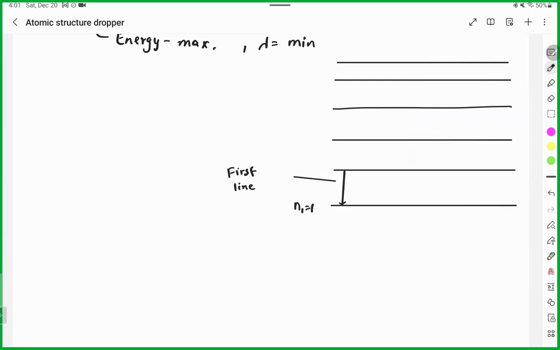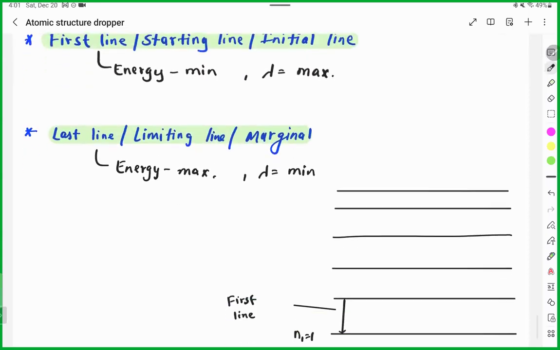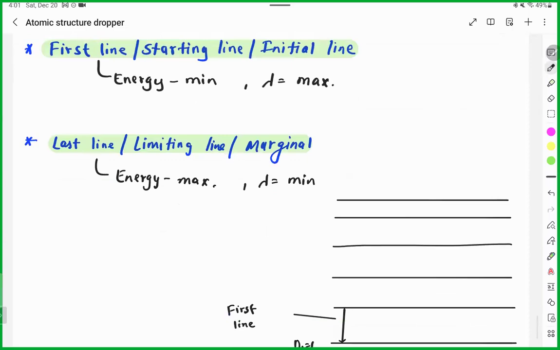First line means it came from the minimum number. If you have n1 as 1, then n2 should be 2. Sir, can you explain once more? Yes. So first line means if you have a fixed n1 value, n2 value will be just one extra.